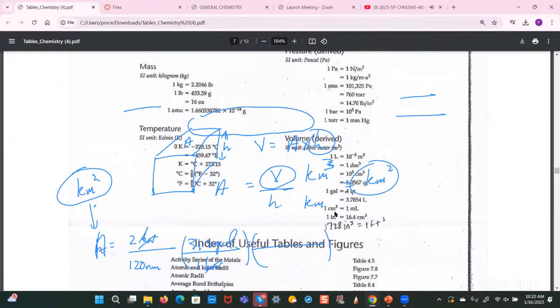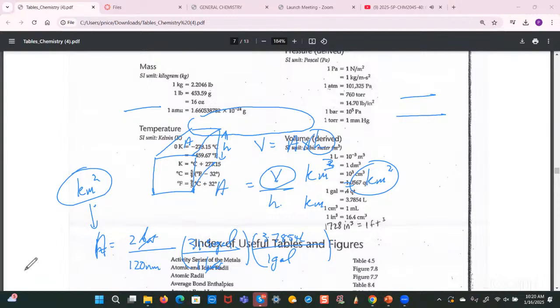Okay, so we see here that 1 gallon is equal to 3.7854 liters. So I'm going to put here 1 gallon below and 3.7854 liters, right?